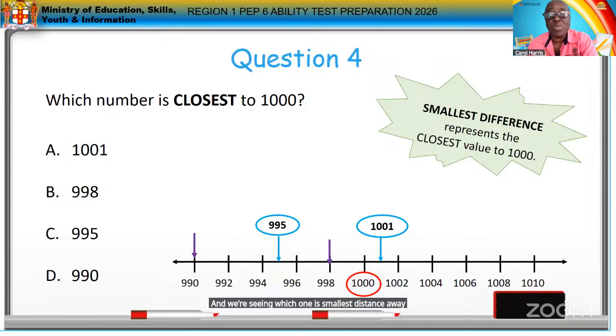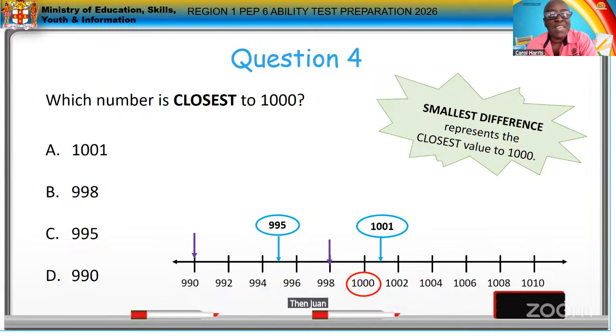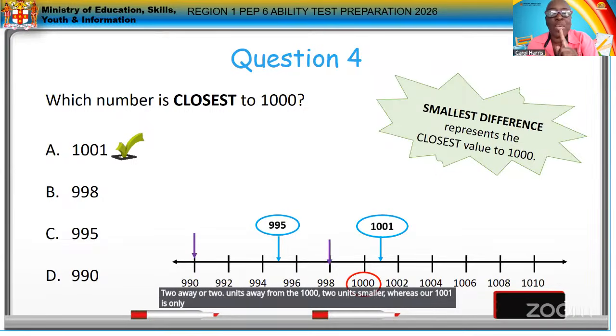As many of you said, it is in fact 1001 because that is only 1 unit away from the 1000, whereas the others are further away than 1. 998 is 2 units smaller than the 1000, whereas our 1001 is only 1 unit away from the 1000. So we can all agree that our closest one is 1001.